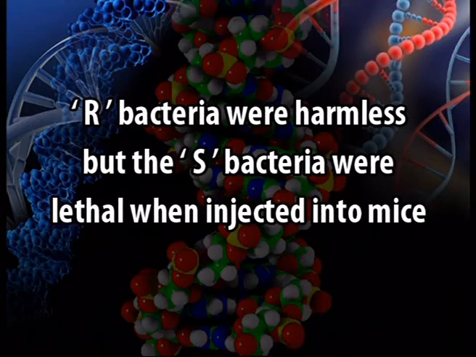The other strain is a mutant non-virulent type that grows in mice but is not lethal; the polysaccharide coat is absent, giving colonies a rough appearance. This strain is called R strain, or R for rough. Thus, the R bacteria are harmless, but the S bacteria, when injected into mice, cause death, so it is a virulent strain.